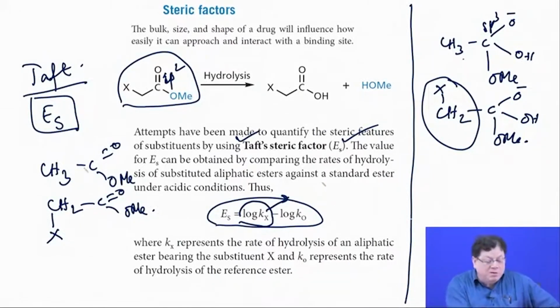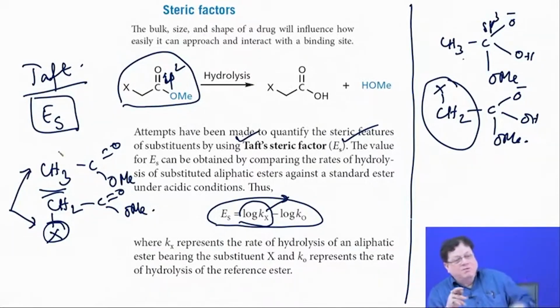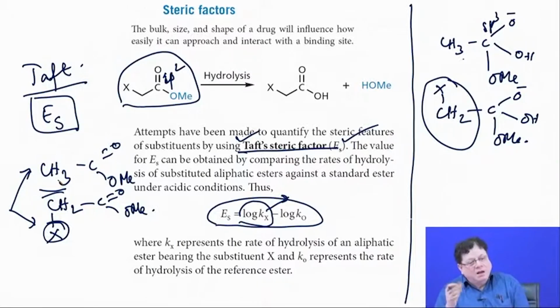Usually, the parent compound is H, because that is easy to do. In the books it is said that you can take any reference, that is true, but it is better that you take hydrogen as the reference, like in the Hammett equation, the same thing has happened.